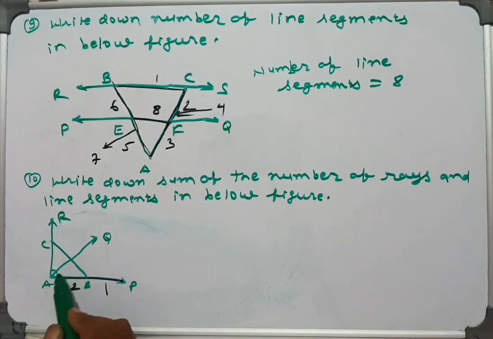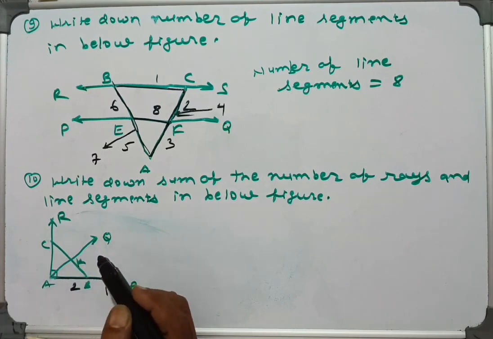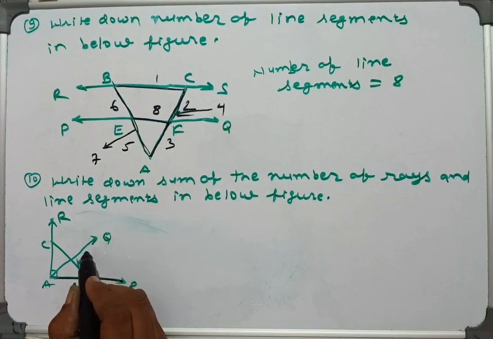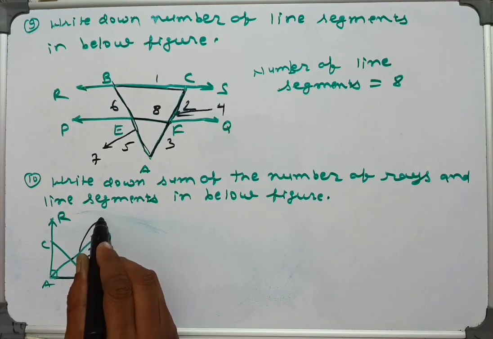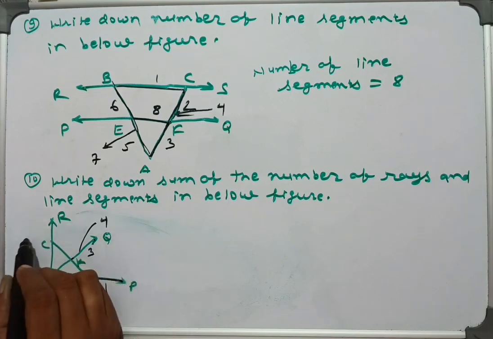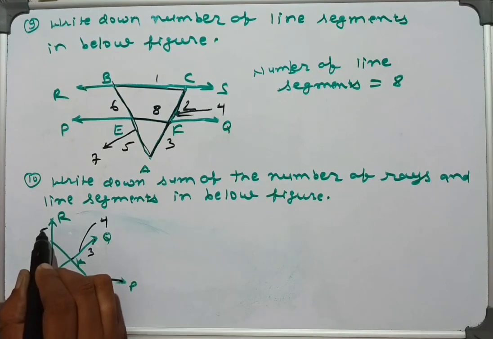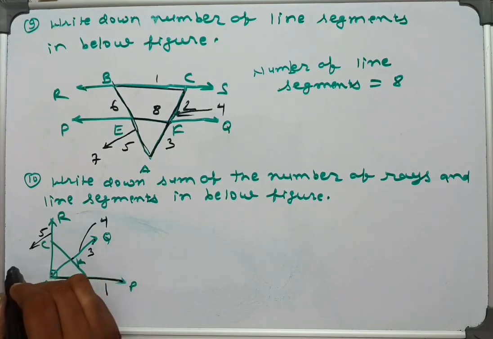Now see this one, AQ is an example of a ray, so this one is the third one, and KQ is an example of a ray, so this one is the fourth one, and AR is an example of a ray, this is the fifth one, and CR is an example of a ray, this one is the sixth one.